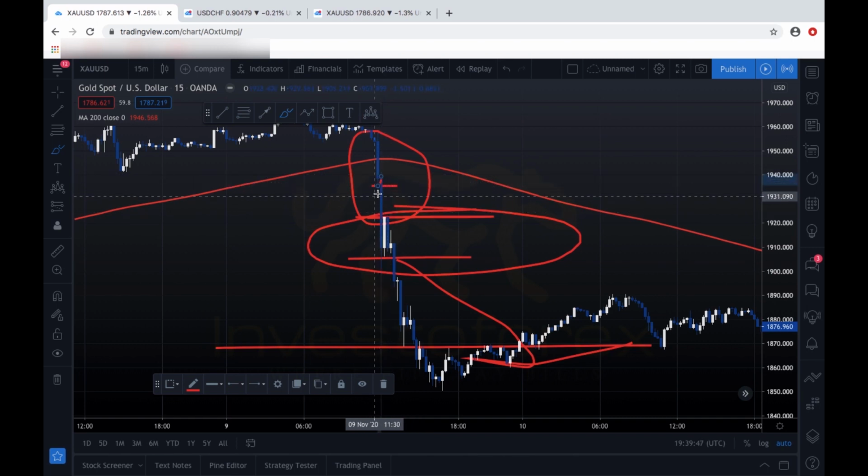Here we can take an entry. Now we can book our profits. Now our stop loss will be at the high of that intersected candle here. There's our book profits. That's how we can use the moving average indicator to enter profitable trades and find entries, watching out for breakouts.